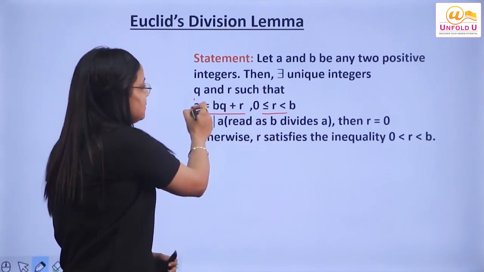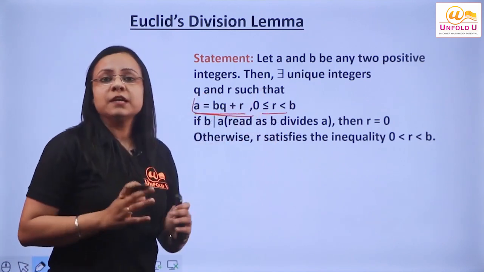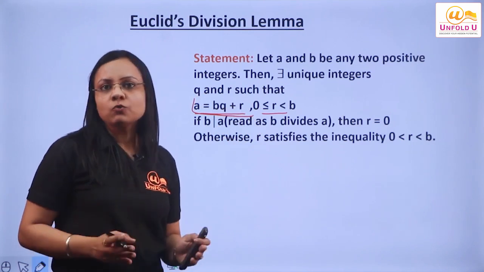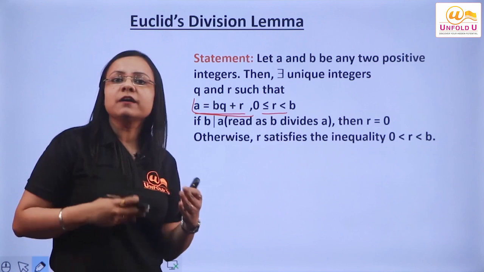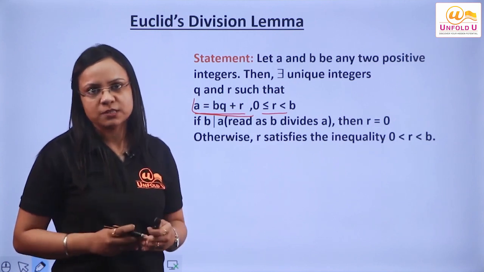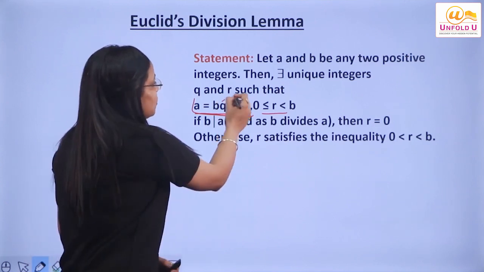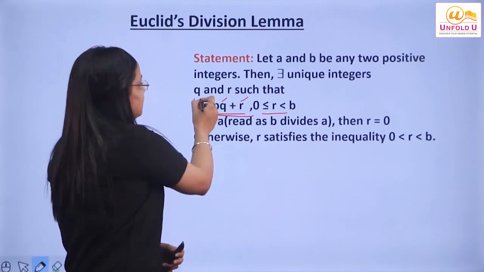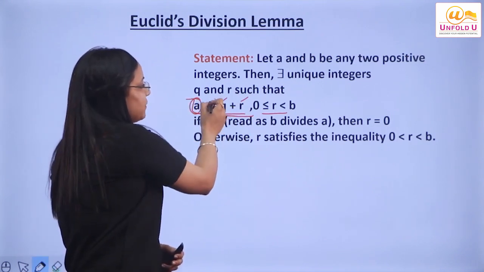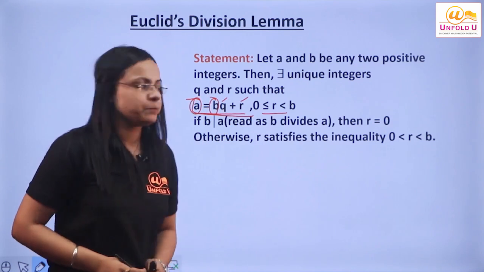Now if I compare this with the statement of the long division process, what do I find? Euclid's division lemma is nothing but a restatement of the long division process, where q and r become the quotient and remainder when the greater number a is divided by a smaller number b.